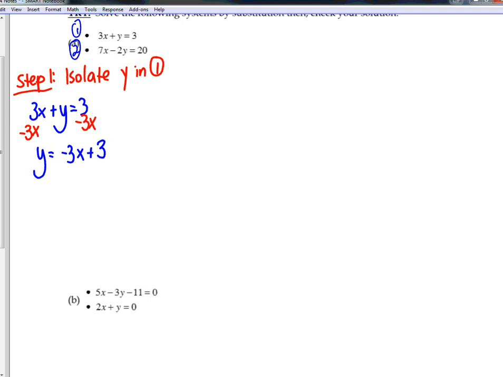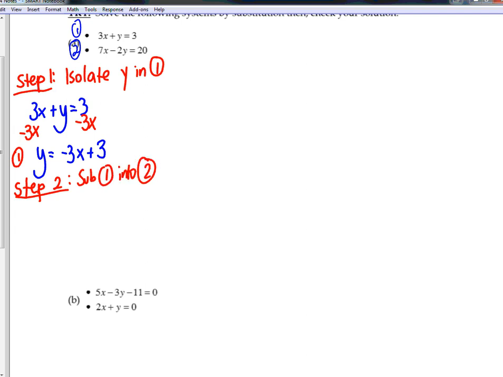Agreed? Okay. Step 1 is not bad. Step 2 is long. What are we doing in step 2 now? We rearranged which equation? 1. So we're actually going to put 1 into 2. So we're going to sub 1 into 2.